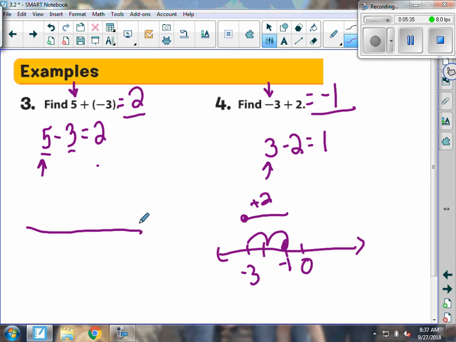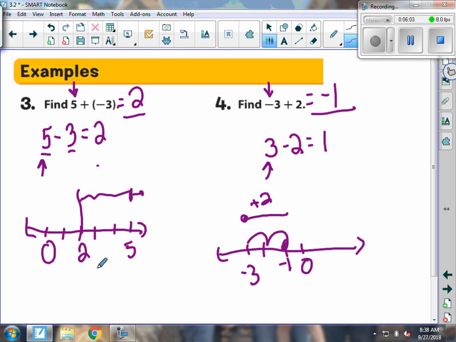For here, we have 5. So we're starting at 5, we're adding, so typically we go to the right when we add, but we're adding a negative. That means we have to do the opposite. So we have to go left, 1, 2, 3, which puts us at 2.